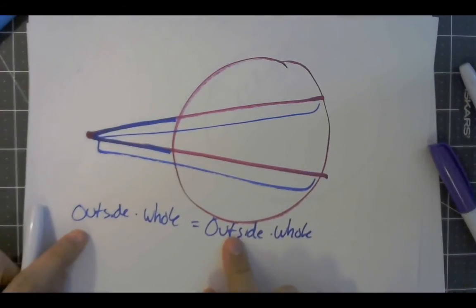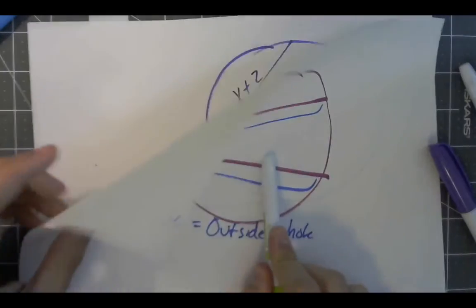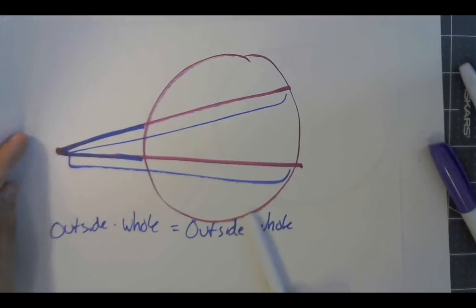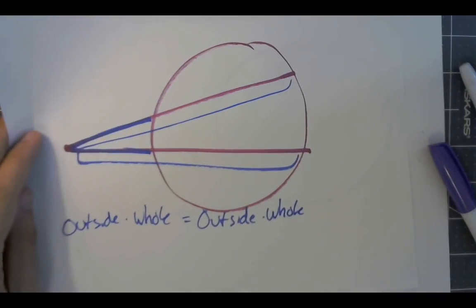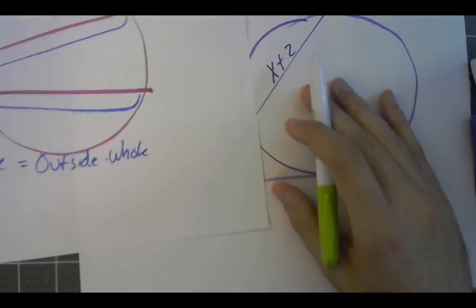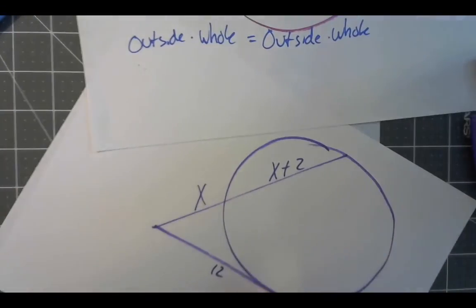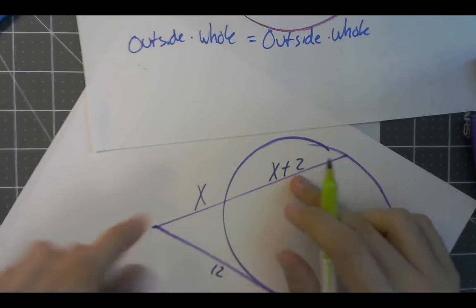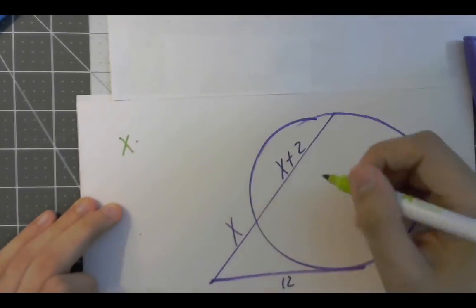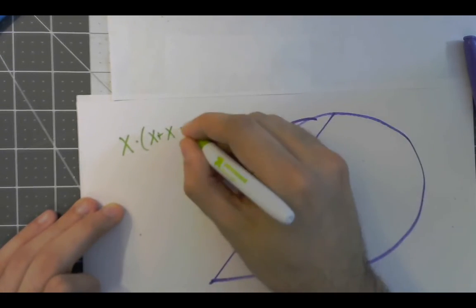This is still a good formula. I know you're saying, but Mr. Goodrow, these are two secants, and this one's a secant and a tangent, but it is still applicable. This is why I chose these words, because we can still do this. So let's try this with this setup. So outside times whole of this one is outside, is x, times whole, x plus 2.